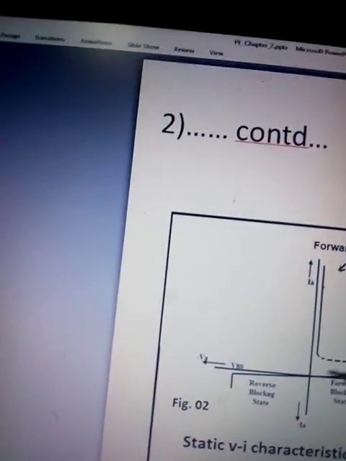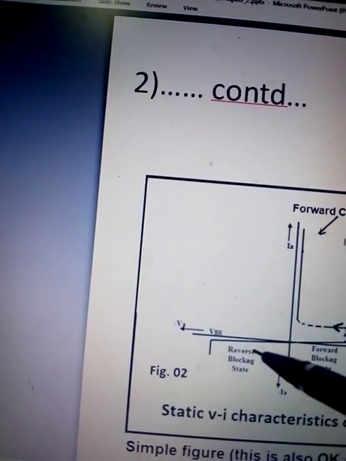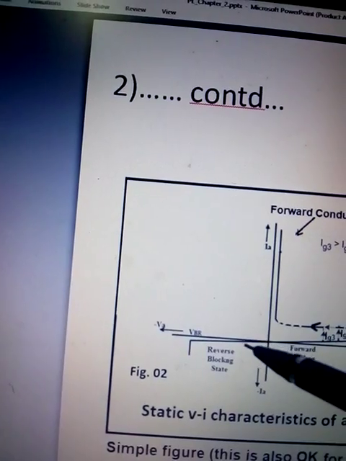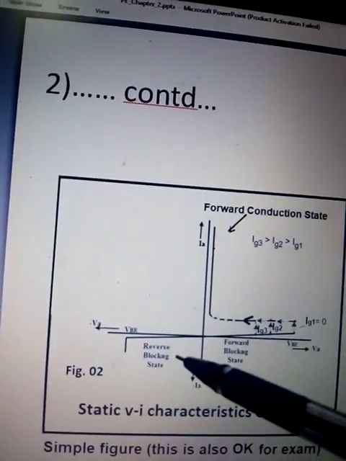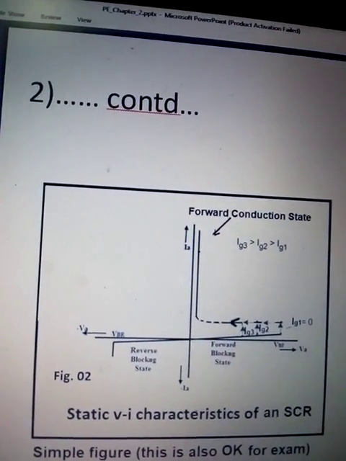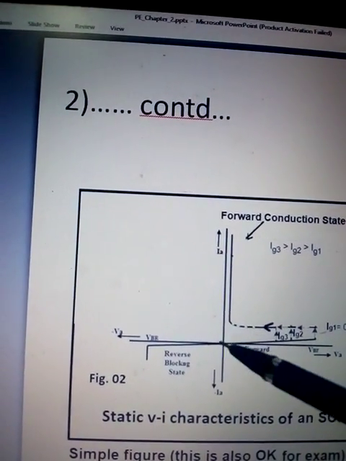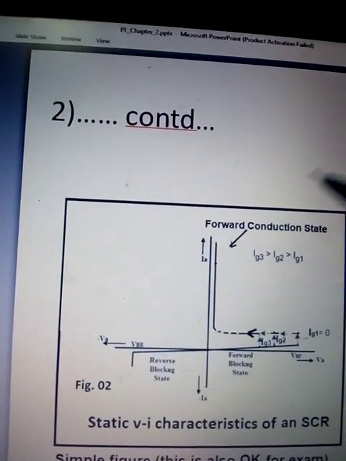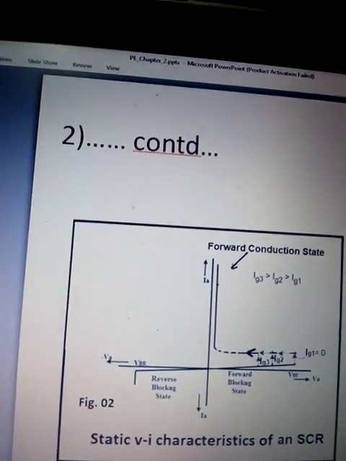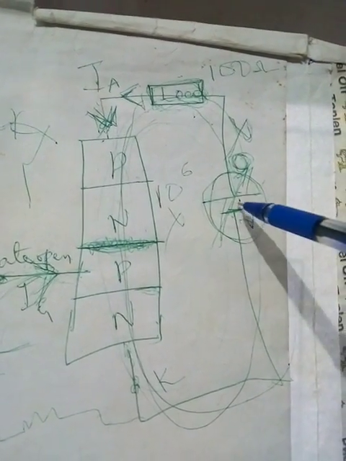Next it is said here, reverse condition. When anode is made negative with respect to cathode, SCR is reverse biased. During reverse bias, there will be a small leakage current because SCR will not conduct. Reverse biased means when this voltage is negative, make this opposite.